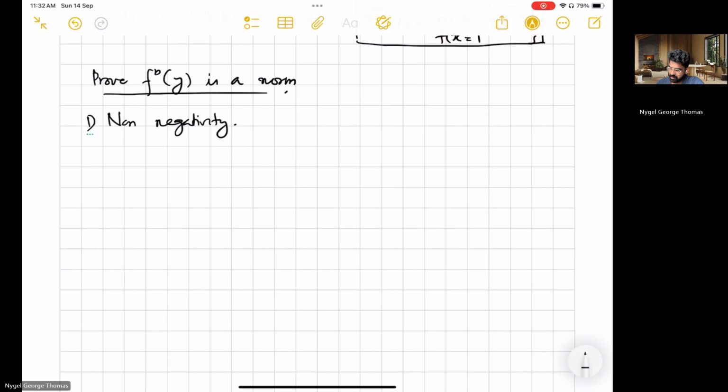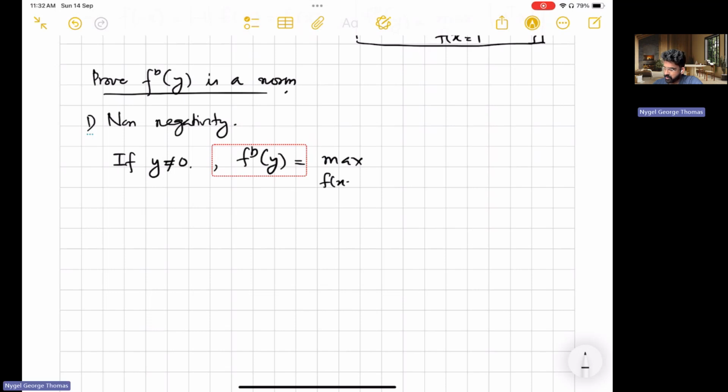Let's not consider the trivial case. Let's say y is not equal to 0, then fd of y is equal to the max over f of x equal to 1 of modulus of y transpose x.